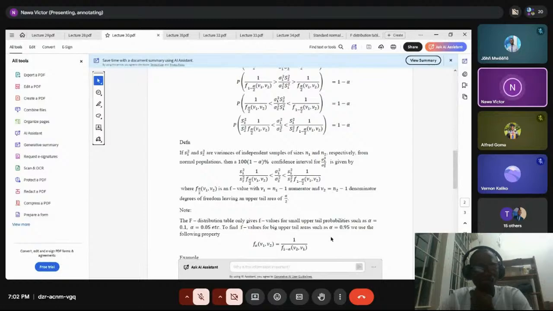So the relationship here is F of alpha on N1 and N2, numerator and denominator degrees of freedom, is the same as the reciprocal of F of the complement of this alpha here, and then we switch the degrees of freedom because we're getting the reciprocal.